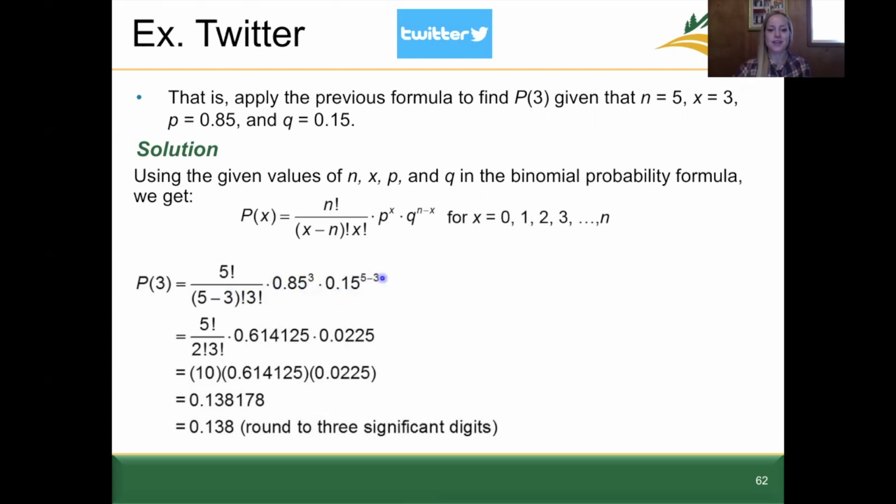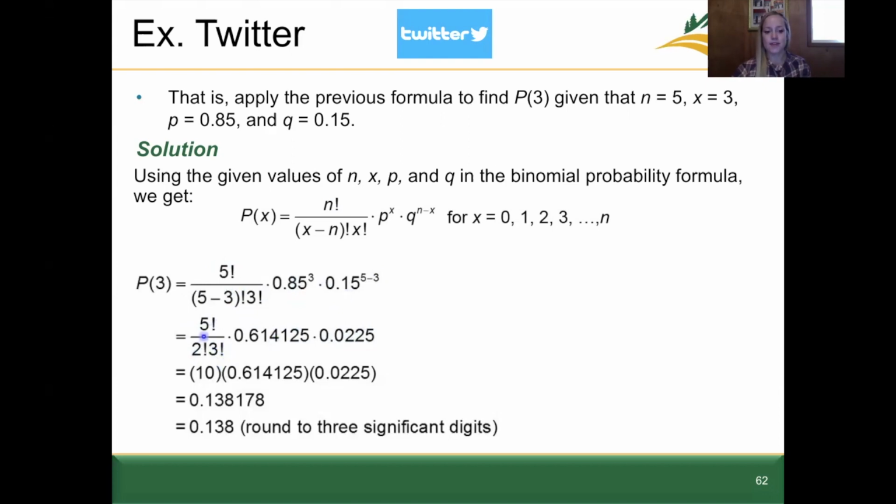Really importantly, do not forget to do order of operations. So do what's in parentheses first, then factorial. So you see in our next step here, 5 factorial divided by 2 factorial times 3 factorial, multiplied by this number and this number, where this is the result of 0.85 raised to the power of 3, and this is the number of 0.15 raised to the power of 2.